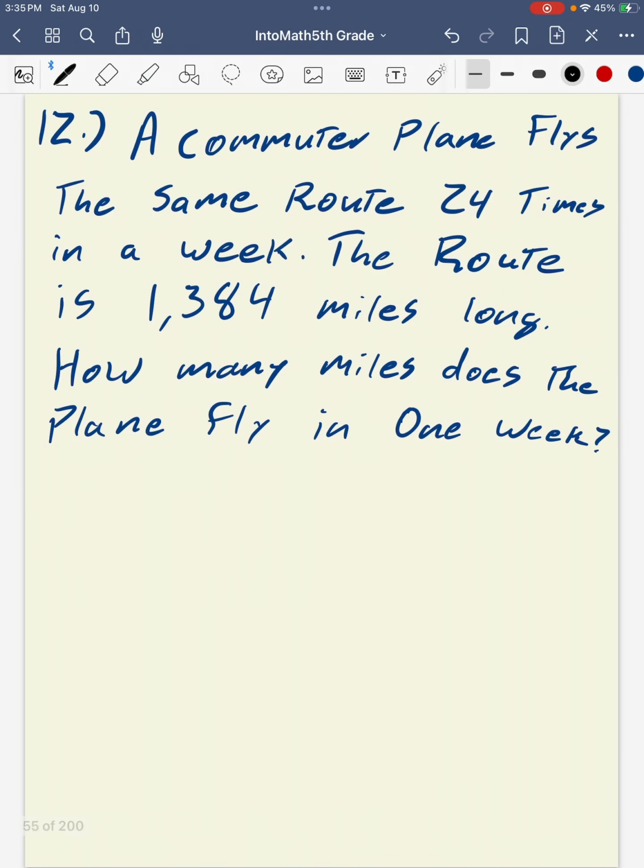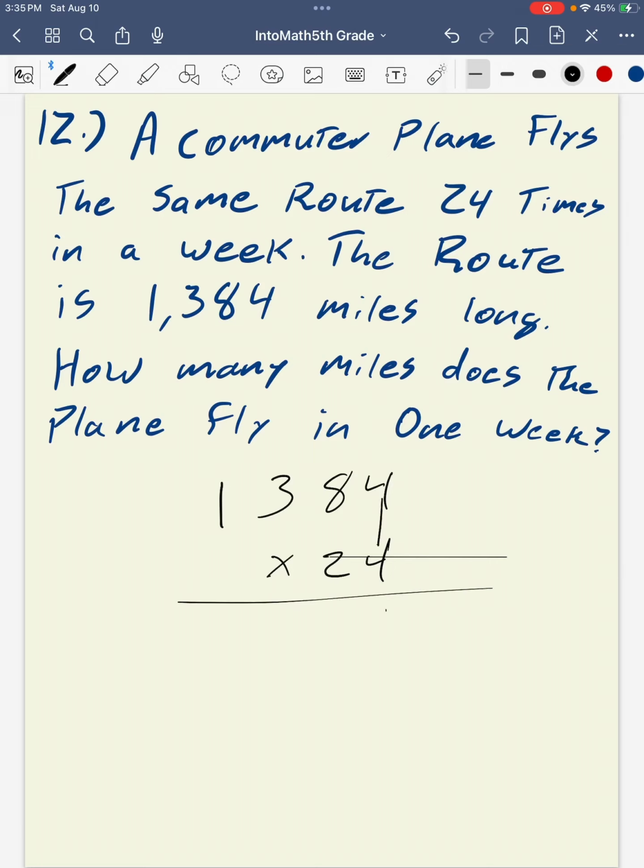Problem number 12. A commuter plane flies the same route 24 times in a week. The route is 1,384 miles long. How many miles does this plane fly in a single week? To find this out, we are going to multiply 1,384 times 24.